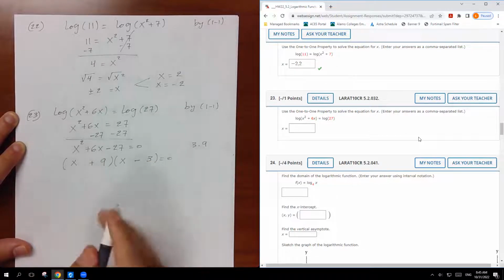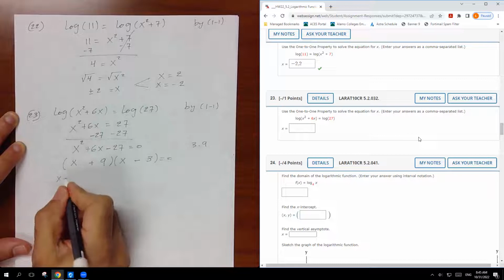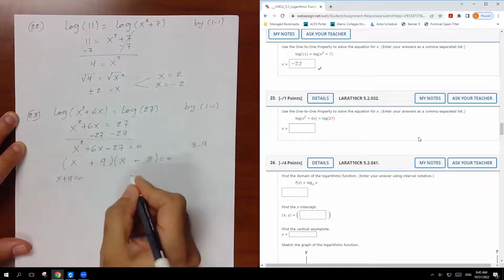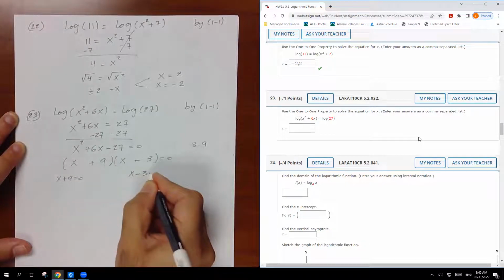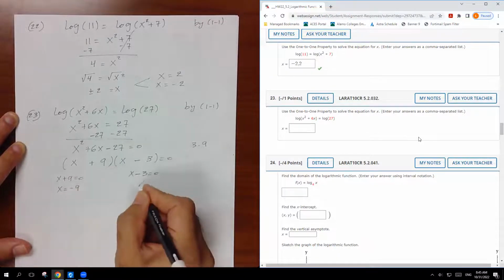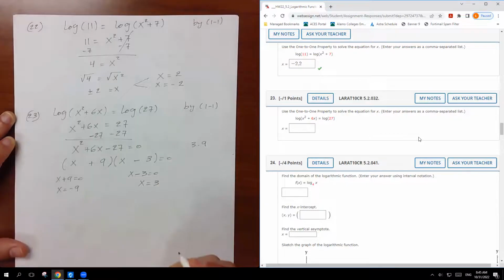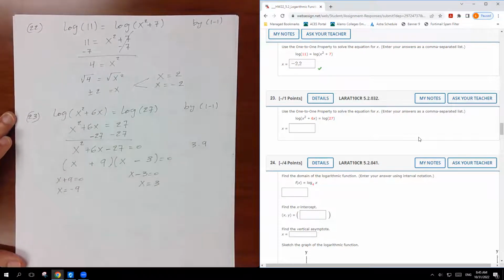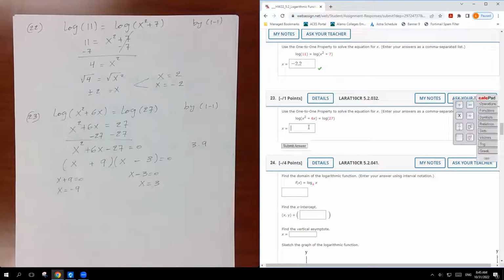That means this is the right solution. So we have x plus 9 equals 0, and x minus 3 is going to be 0. That means x is going to be equal to negative 9, and x is going to be equal to 3. So in this case, for example 23, we have negative 9, comma 3.